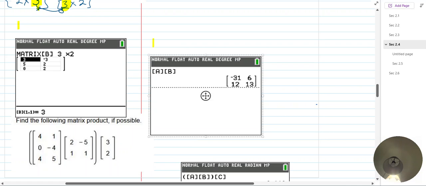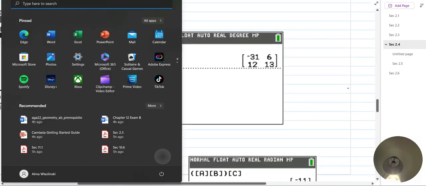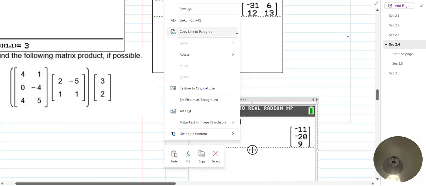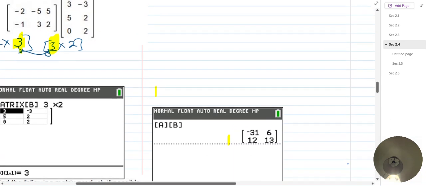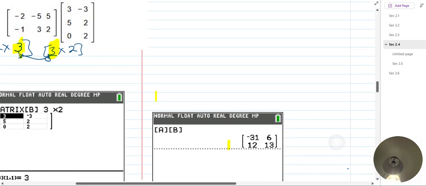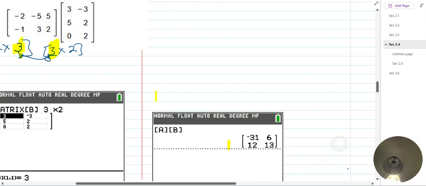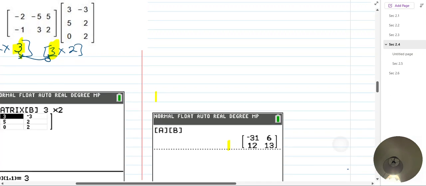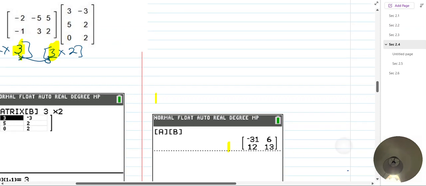That's what we have for that guy. Oh, sorry. So you can see that we got, oh, we should have had a 3 by 2. There's something wrong. Oh, we do. We get a 2 by 2.